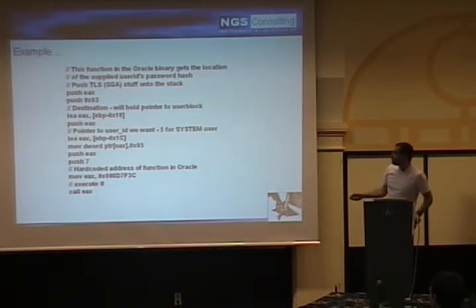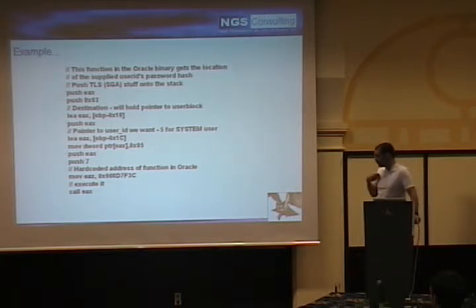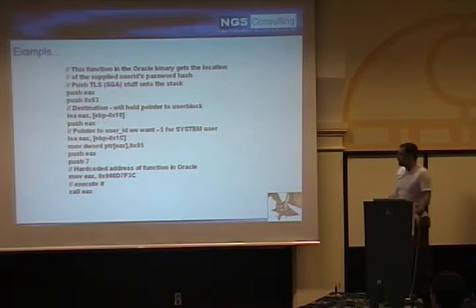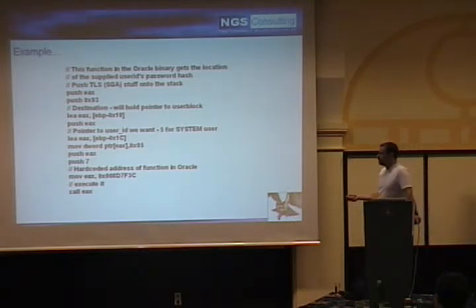Here the user we're interested in is 5, for the system user. So we load into EAX the effective address of the base pointer plus 0x1C, and then we write 5 to that value, push EAX, push 7, move into EAX the address of the function we want to call. That's actually in the Oracle executable itself, and then we call it.